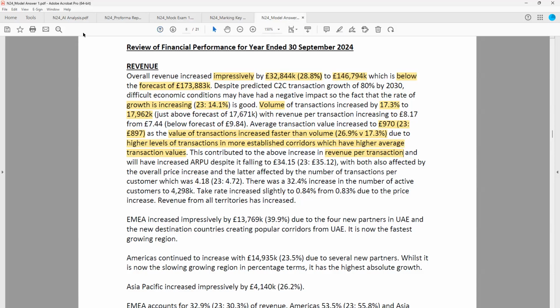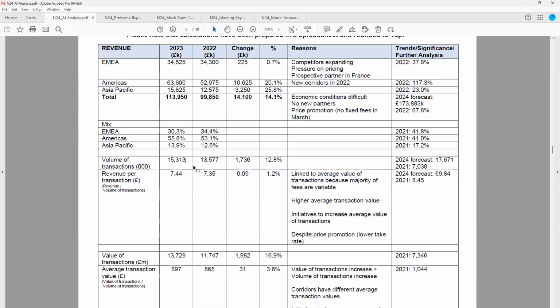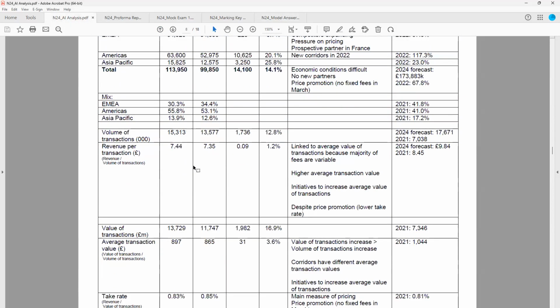Obviously, we know from the AI, if customers are sending higher transaction amounts, this is going to result in higher revenue per transaction because most of the fees are, of course, variable.